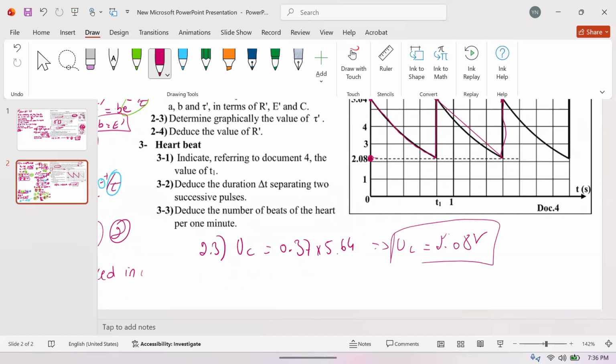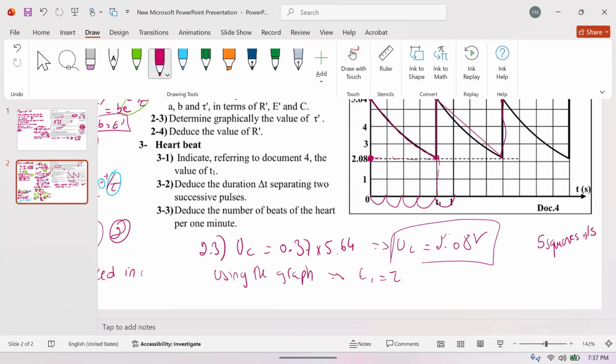When my voltage was here, where was the time? It was T1. So using the graph, when the voltage is 2.08, T1 is tau. Now how can I get the value of that? Use the scale. You have 1 square, 2 squares, 3 squares, 4 squares, 5 squares. 5 squares represent 1 second.